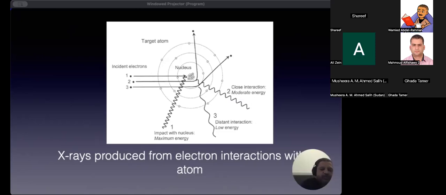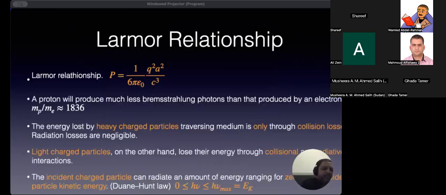So here, for example, this second electron, we're getting an intermediate bremsstrahlung energy. This one is going to give me the maximum, this is a moderate or intermediate, and this one just had a small deflection, so the energy of the X-ray that is going to be produced is low. So this is when we're talking about an atom.